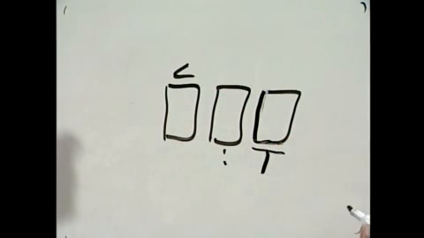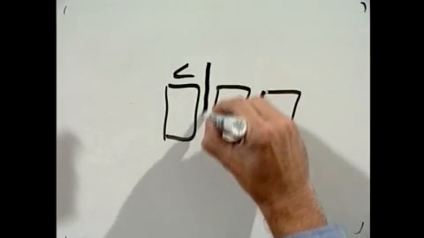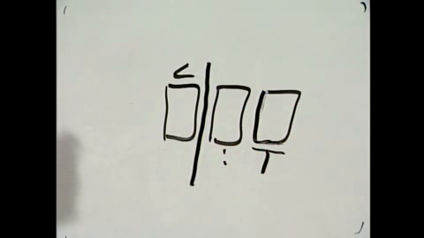On the other hand, if we have this situation and there is no metheg, then we're going to read this schwa as a silent schwa, and we're going to put our division here, and we're going to call that a Qames-Hatuf. So that's the way we're going to do it.